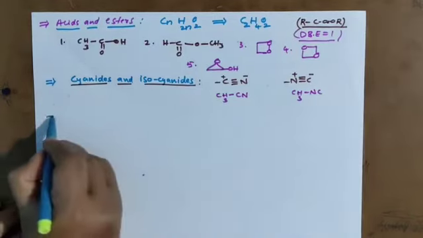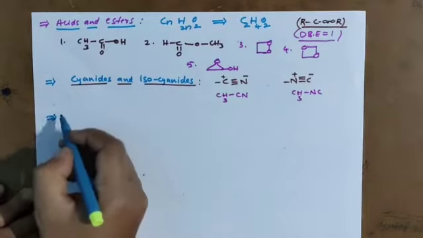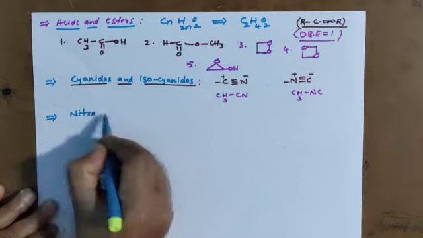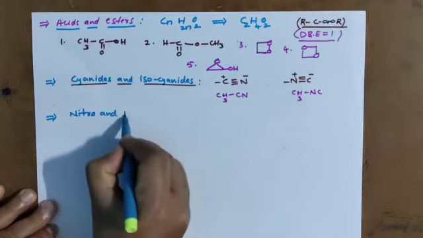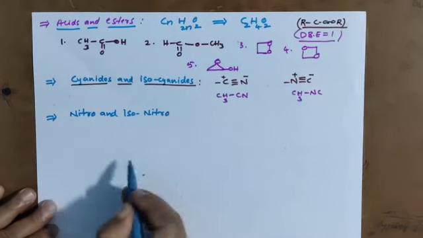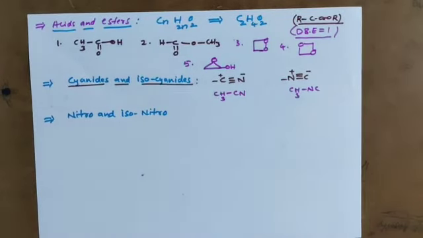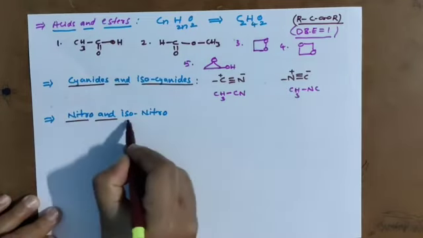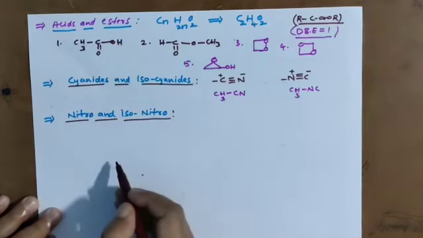Go for another one like this: nitro and isonitro compounds. Nitro and isonitro compounds are functional group isomers.